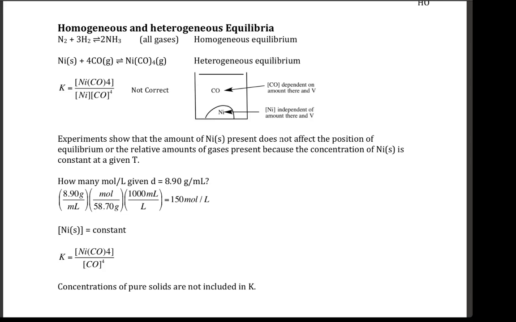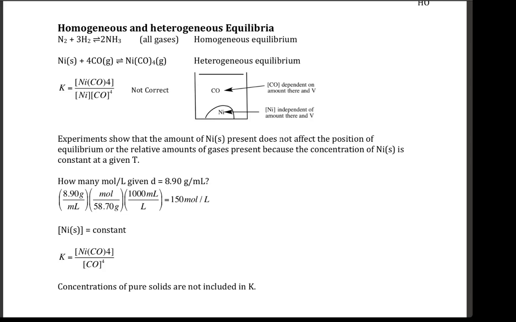The concentration of the nickel in a chunk of nickel metal is independent of the moles there and the volume of the flask. It's simply temperature dependent.